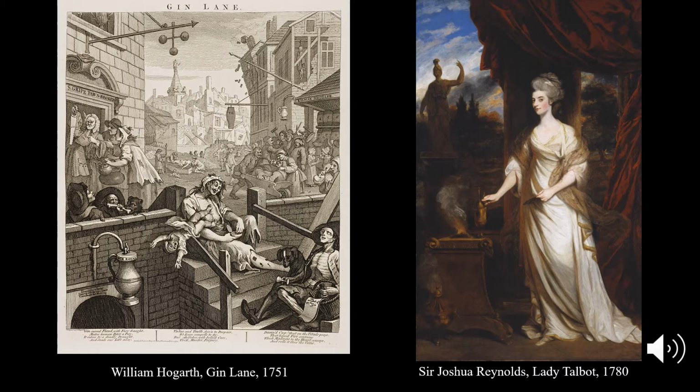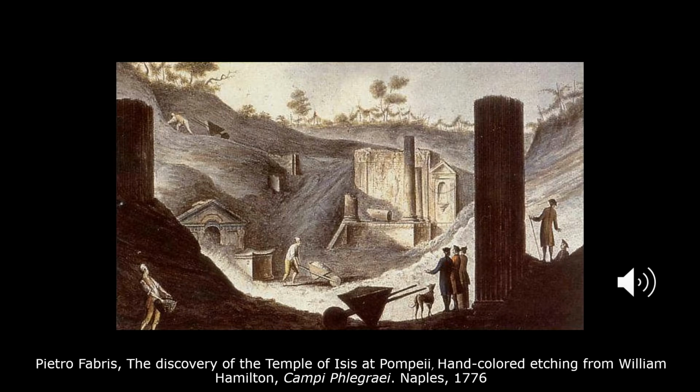Very exciting stuff. So here you see an etching from 1776, where a temple at Pompeii, the Temple of Isis, is being unearthed. And you can see little figures, right, digging out the hardened lava, carting it out in baskets and wheelbarrows, in the slow excavation process of these towns that were buried during the eruption of Mount Vesuvius in the 1st century AD.